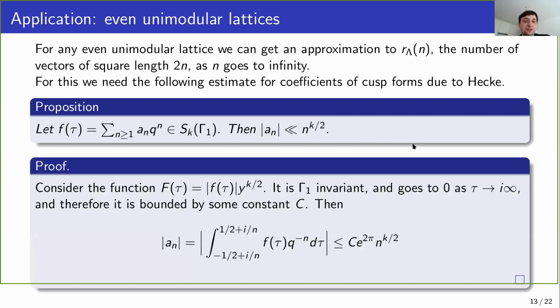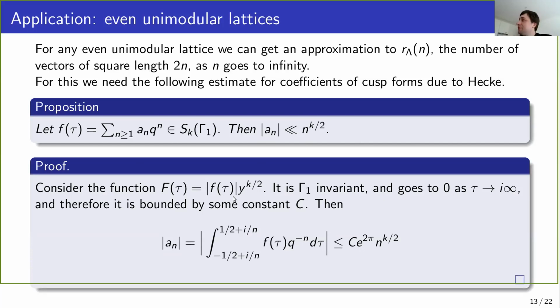So what you do is you consider this function, which is real analytic, but it is gamma 1 invariant. This is the same function that was mentioned in one of the exercises yesterday. If we know that f is a cusp form, we know that it's exponentially small at infinity.